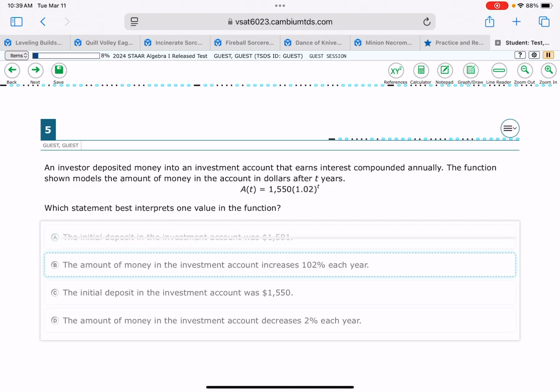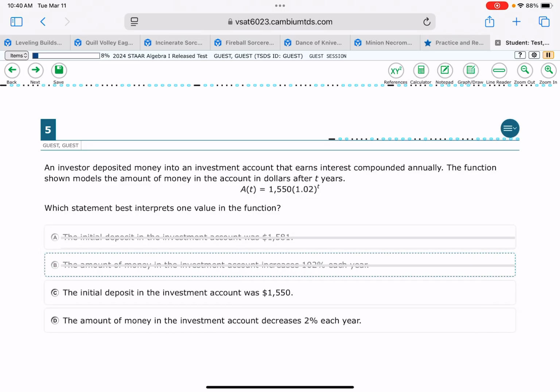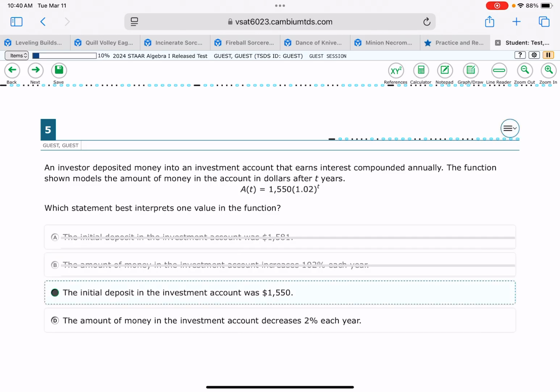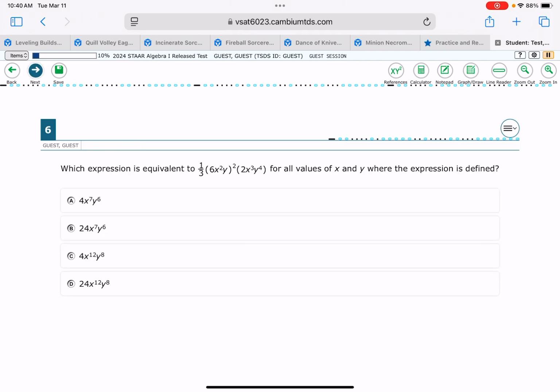Our investment in the account was 1,550. The amount invested increases 102% each year. No, it increases by 2% each year, which answer D has 2% in it, but it says decreases. That number inside the parentheses says 1.02, so that lets us know that we're increasing, and so our answer has to be C, which matches that initial deposit and the number in front of the parentheses of 1,550.